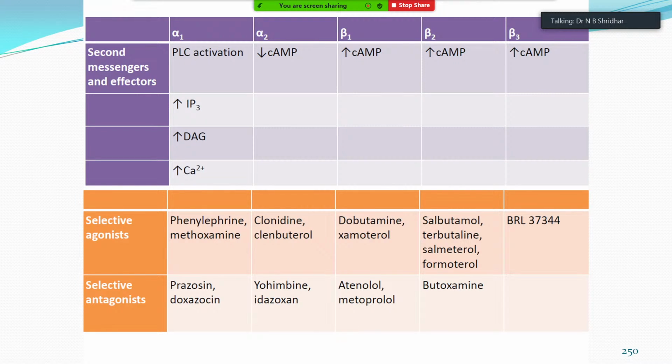So whenever there is a requirement of antitussive agents and anti-asthma agents, all these drugs are used: salbutamol, terbutaline, whereas the opposite action or the selective antagonist of the beta 2 type of the receptors is butoxamine, whereas beta 3 is still under development, and BRL 37344 is the classical example. Of course, the antagonist is yet to be known.